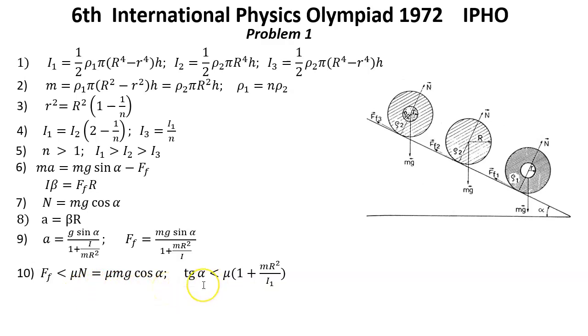It means that tangent alpha must be less than mu multiplied by 1 plus m R square over I1.